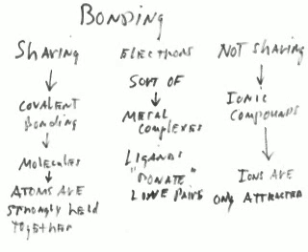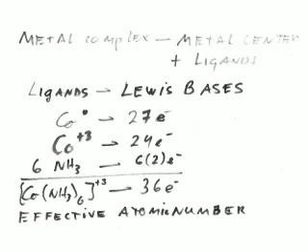And so now we're going to talk about metal complexes, where the electrons are sort of being shared between the two. The ligands are donating a lone pair of electrons to form our coordinate covalent bond, but they're not letting go of them, and they're not forming the strong kind of covalent bonds we see in the molecules.